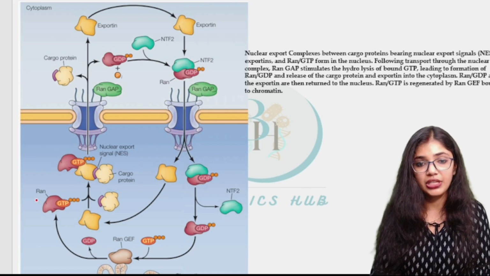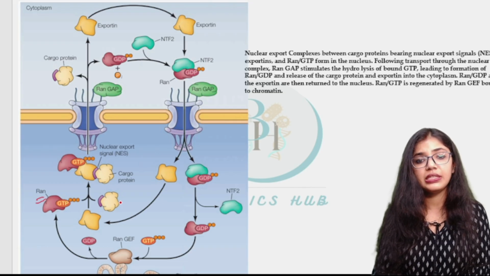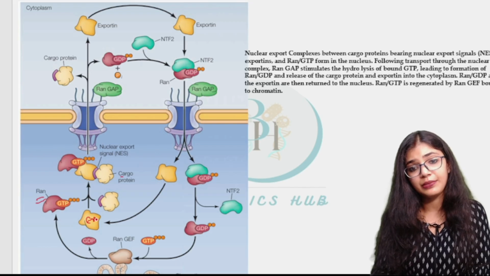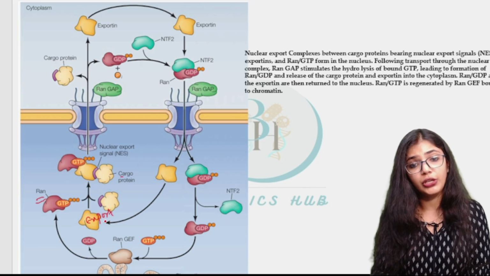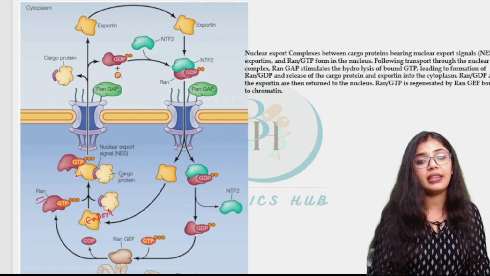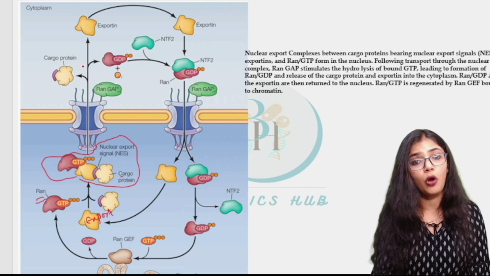Here the RAN GTP is present. The RAN GTP binds with the exportin protein. The exportin protein recognizes the cargo protein and binds with it along with RAN GTP, and they make a complex. This complex will be transferred through the nuclear pore complex.